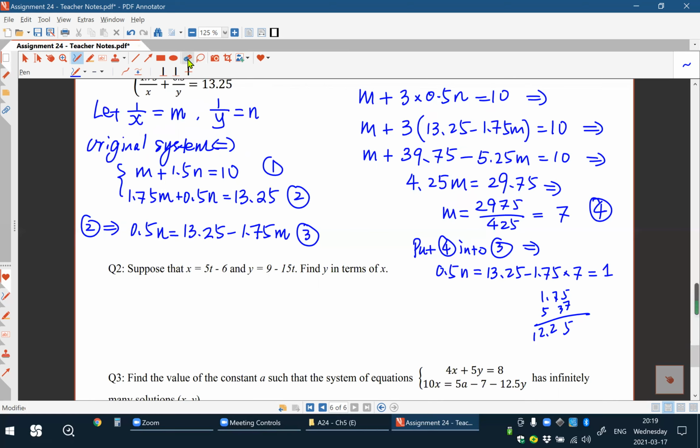It is 1, right? Okay, so that means n is 2. So that means 1 over x is 7 and 1 over y is 2. Of course, the final solution is x is 1 over 7 and y is 1 over 2, right? Okay, any questions?